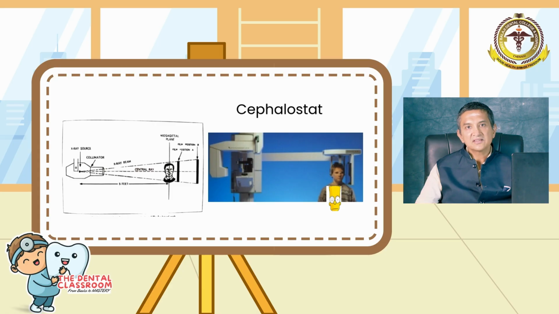This is the picture of a cephalostat, and since it is standardized, all machines are set at 5 feet from the mid-sagittal plane of the patient to the X-ray source. At a postgraduate level, you should know that there will be some machine to machine variations, but in general the magnification will be similar and therefore will not change, unlike with a natural view of the skull.